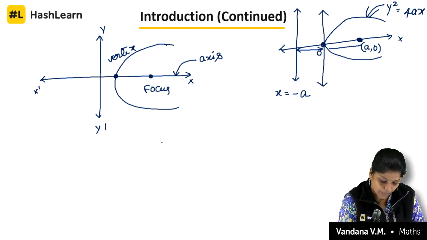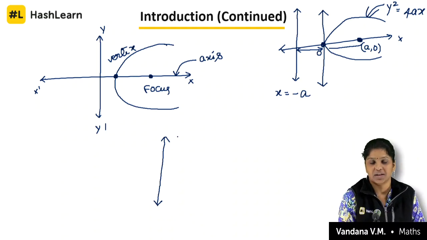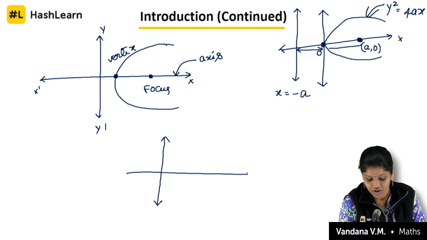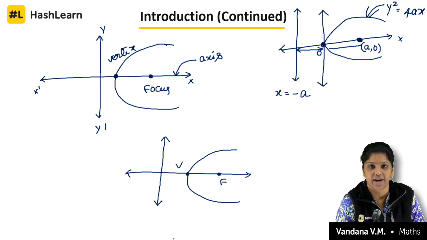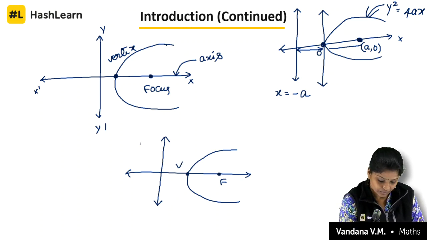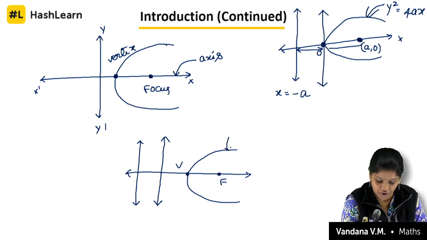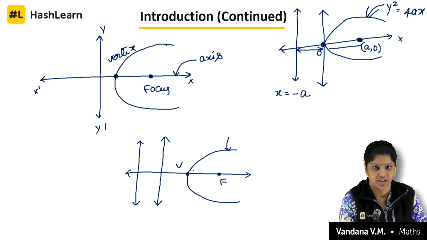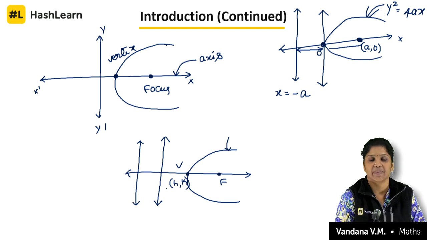Okay. Suppose your vertex is not at the origin, then what is the standard equation? See, your vertex is somewhere here, your focus will be here, and this is your axis. This is your directrix. Just imagine, the vertex is not 0 comma 0, just take it as h comma k.